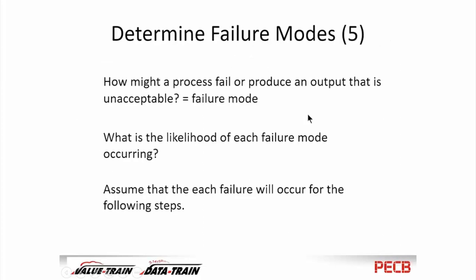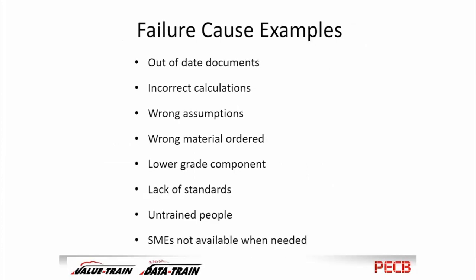So now that we have our functions, what are some failure modes? Each one of those things is possible to fail one way or another, and we could have multiple failure modes. So we're going to take a look at the failure modes here, and then assume that each one of these failures is going to occur one at a time in order to arrive at our risk assessment.